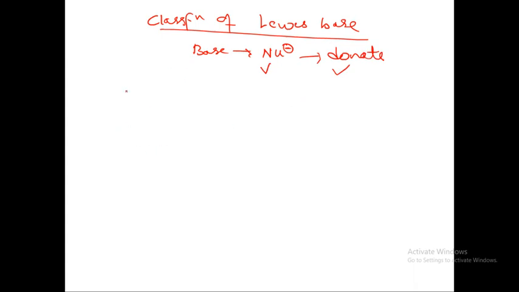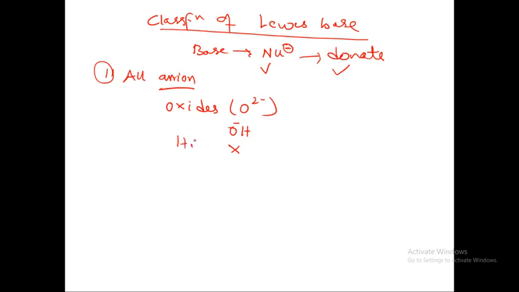So all anions have a negative charge, like oxide O2 minus, hydroxide OH minus, and the halides fluorine, chlorine, bromine, etc., as well as NH2 minus.